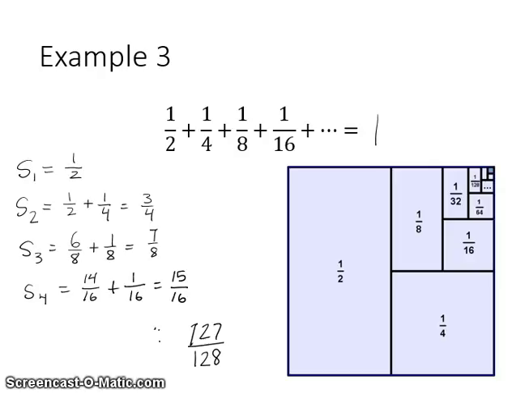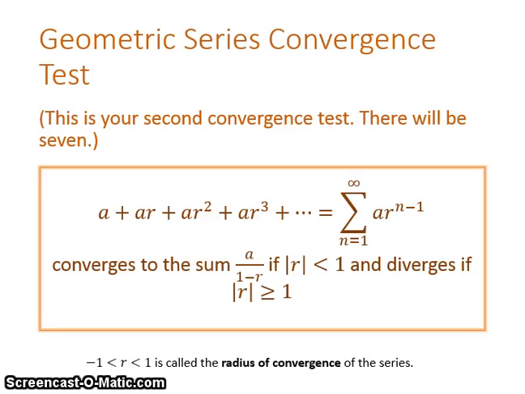Here's the proof. This is your next convergence test, so this should go on that piece of paper. This is the geometric series convergence test. If you notice, the example that we just did was a geometric series because each term was multiplied by the constant ratio of 1/2. So this is the definition of a geometric series. There's a starting term, a, and then each term after that is multiplied by your ratio, r.